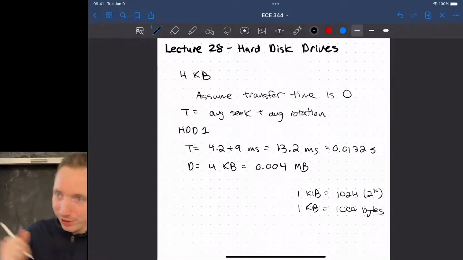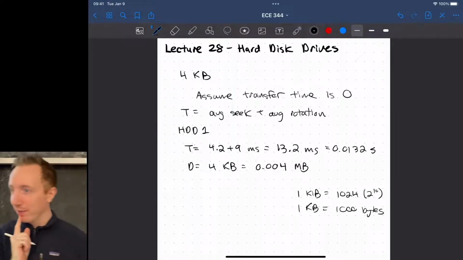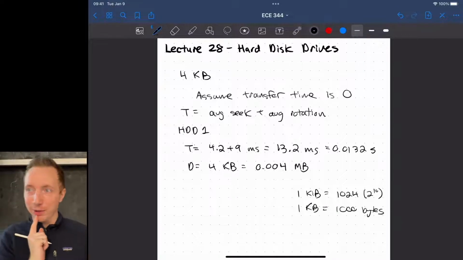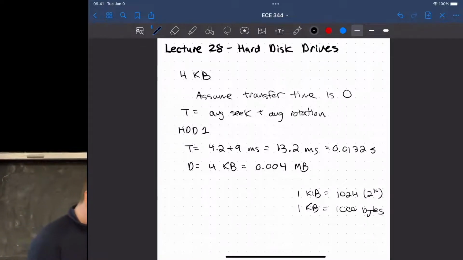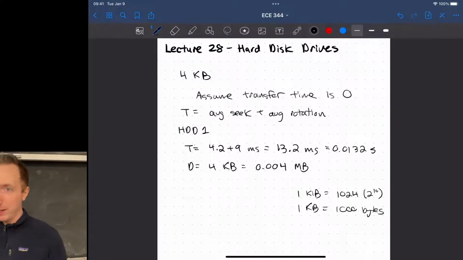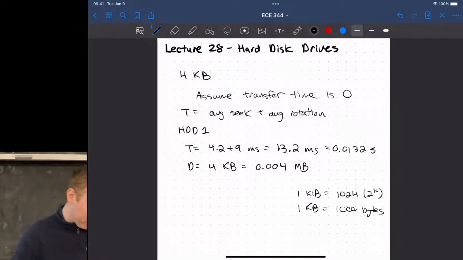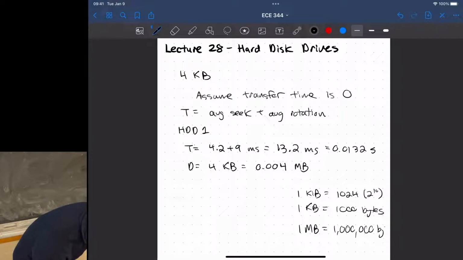Well, that's because hard drive manufacturers don't believe in powers of 2. They believe in 1,000. So they can sell you something that you think is bigger than it actually is. Because there's a difference of like 24 bytes for 1 kilobyte, the numbers will be kind of similar. But if you get up to like 1 megabyte, well, hard drive manufacturers think that is 1 million bytes.